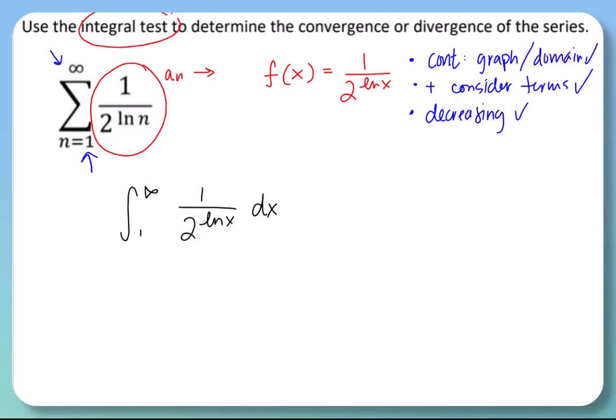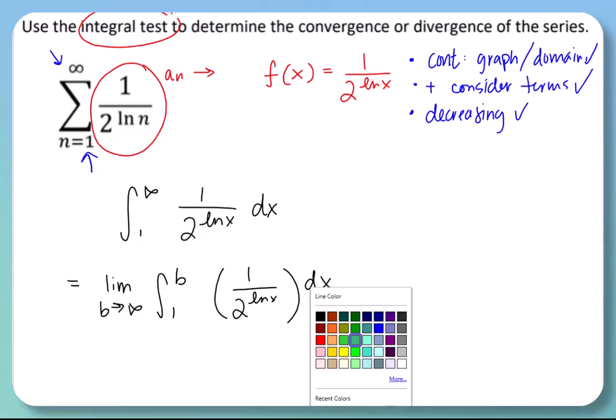We cannot solve an integral with infinity in it, so we're going to rewrite that as the limit as b goes to infinity of the integral from 1 to b of 1 over 2 to the natural log of x power dx. At this point, in order to solve this problem, we're going to do a u substitution.